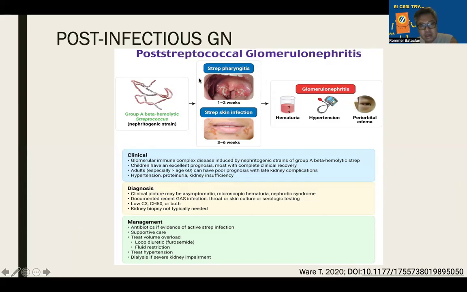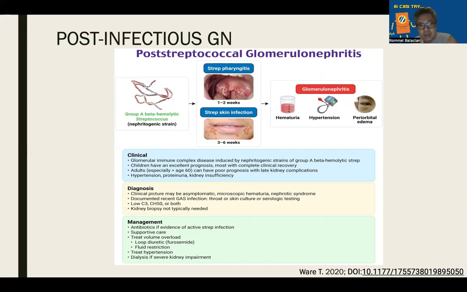So primarily from pharyngitis or skin infection. You have to take note of the incubation period before the glomerulonephritis develops. So it develops much earlier if it is a streptococcal pharyngitis rather than a skin infection. So it's due to the group A beta hemolytic streptococcus.